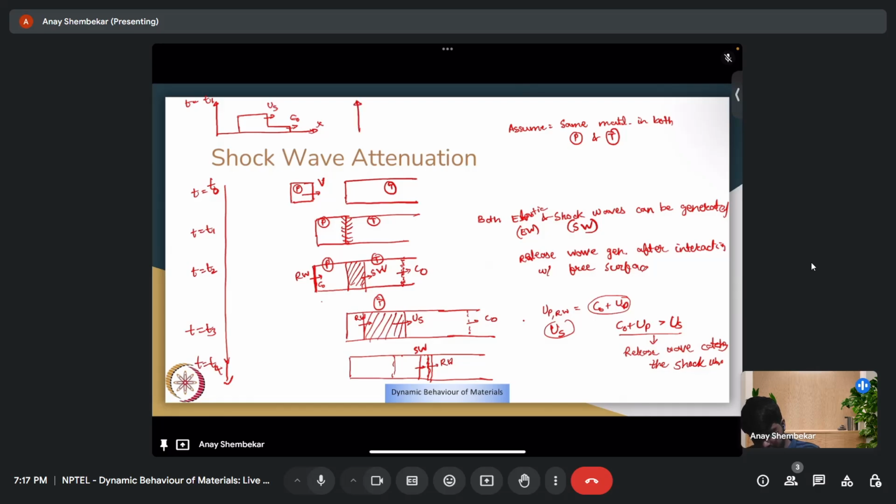At t equal to t3, where the release wave starts to catch up, you'll have a profile that looks like this.